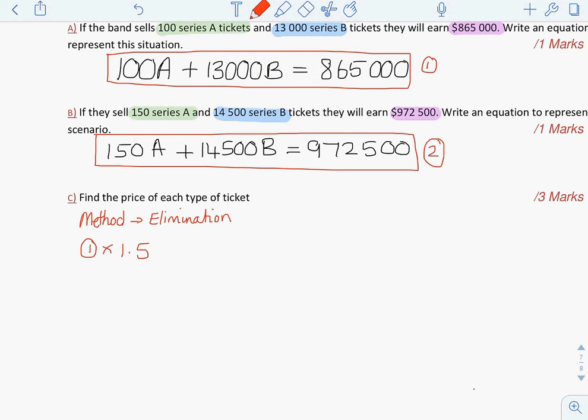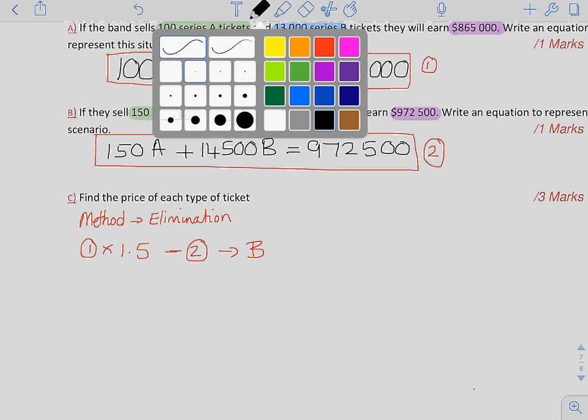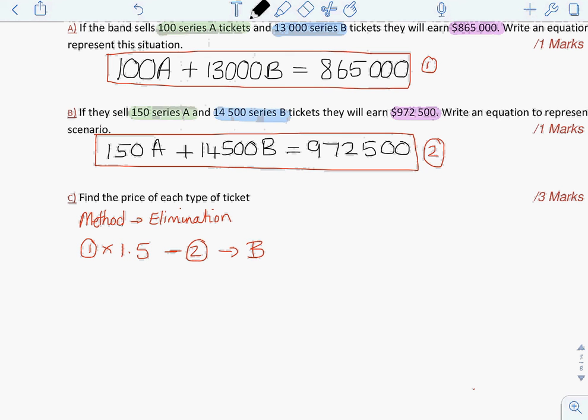Multiplying equation 1 by 1.5 will give me 150a, which is perfect. Once I've done that, I can actually minus equation 2. What I'll have there is 150a minus 150a, which will remove the a. Once I've done that, I'm going to try to find b. So I'm doing a few steps here in one, but I'll walk you through every part of these steps. So equation 1 times 1.5: we start with 100a. 100 times 1.5 will give me 150a.